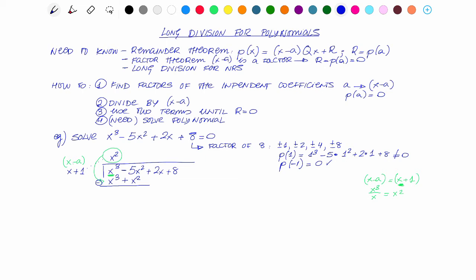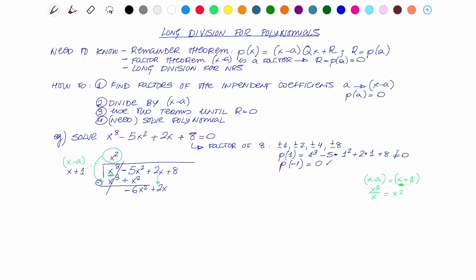X cubed minus x cubed, that's going to cancel, and that's a good thing. Minus 5x squared minus x squared, that's minus 6x squared, which definitely is not 0 because I still have terms to carry. So then I bring 1, and that's what I told you, to use 2 terms at a time.